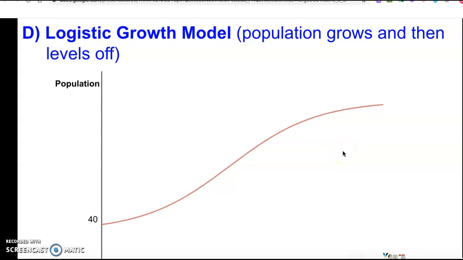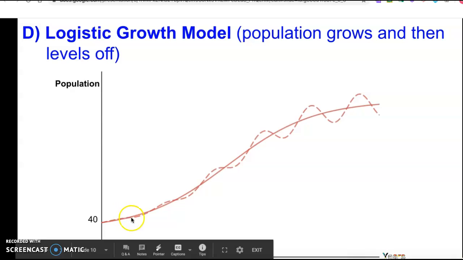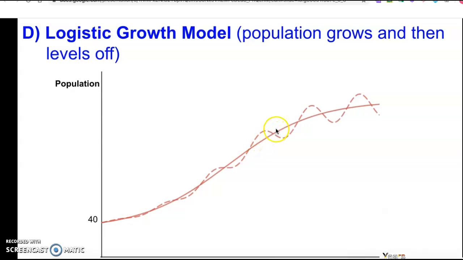So that's a logistic growth model. And once again, you can add some fluctuations, so it goes up and down a bit. But in general, it follows a pattern where it starts to grow quickly, but then it starts slowing down again and eventually levels off. That's the final option, the logistic growth model.